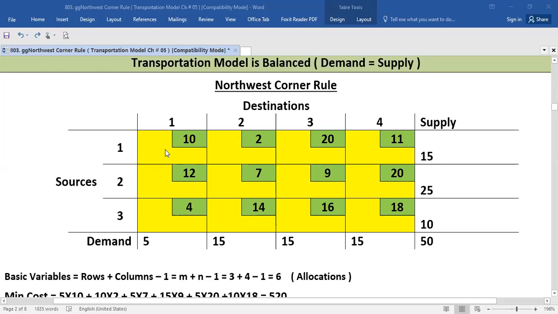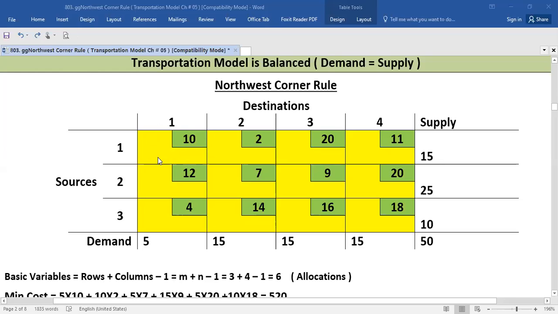The allocation will be made on the top left corner. This is the top left corner, or northwest corner. From here we will start.